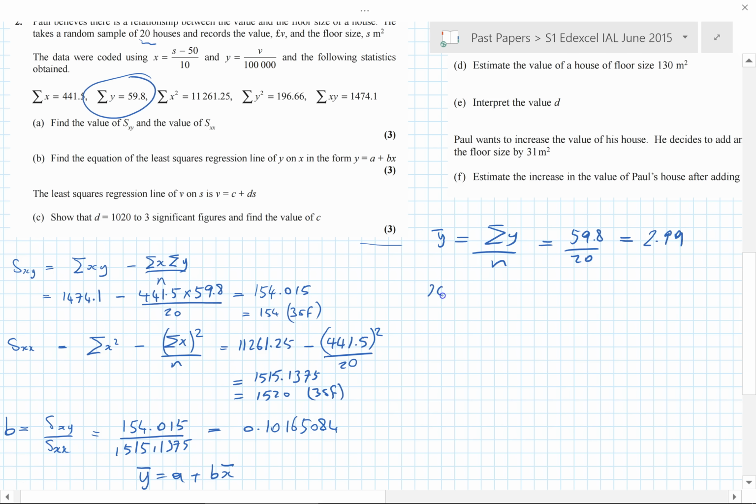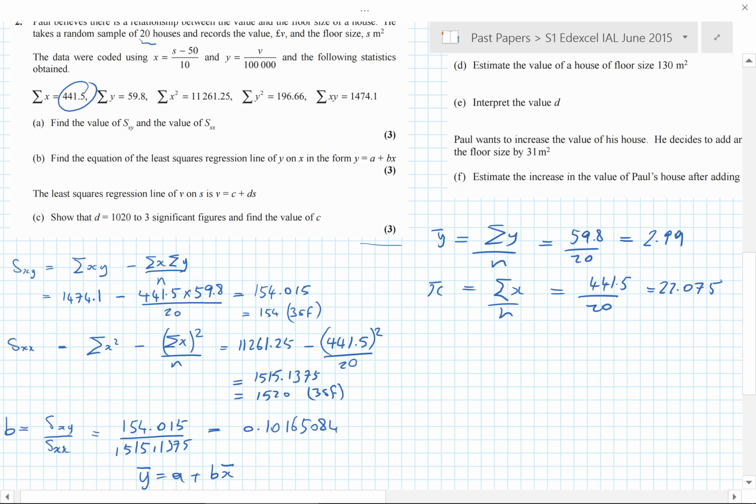Okay, and x bar is sigma x over n, and so that's 441.5 over 20. So that's 22.075.